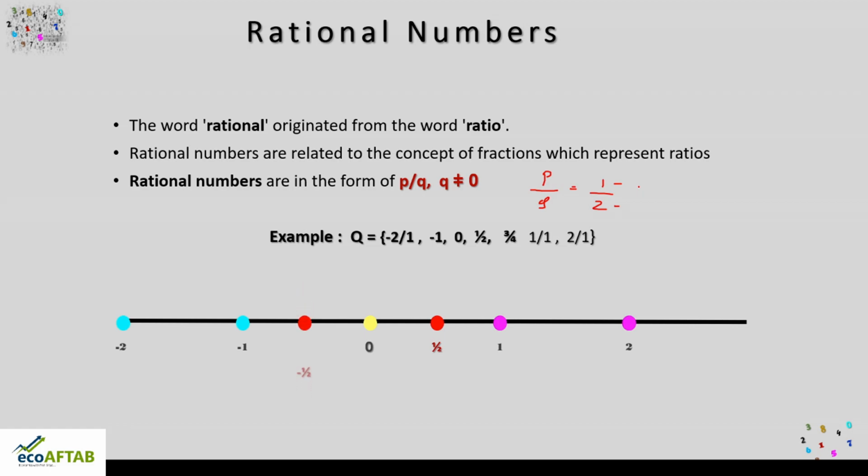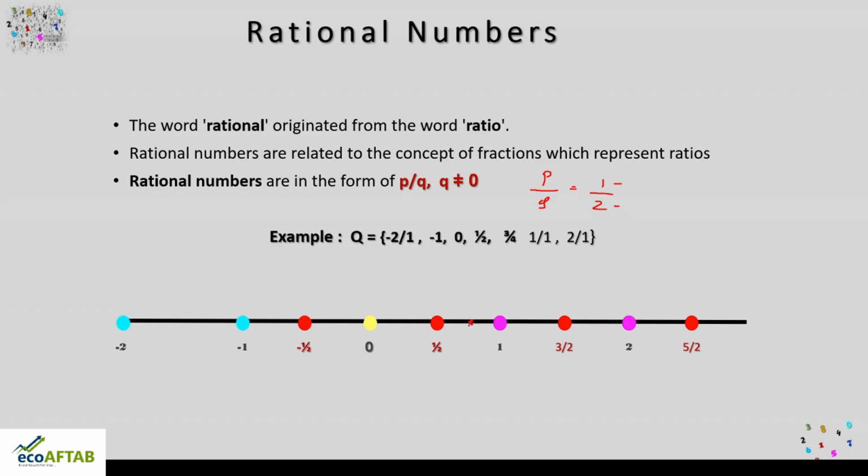This side, if you see, minus half is also an example of rational numbers. This side one more red dot has come. 3 by 2 is also an example of rational numbers. 5 by 2 is also an example of rational numbers. One more example that I can give is just here.